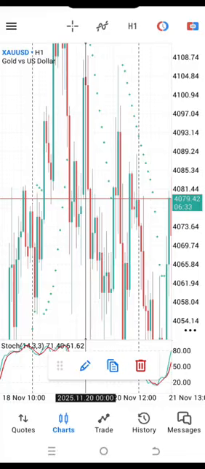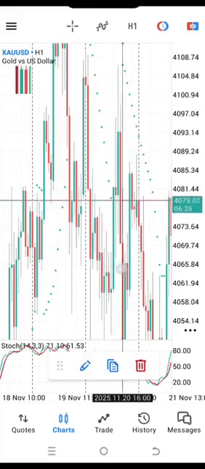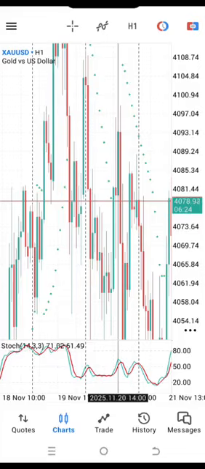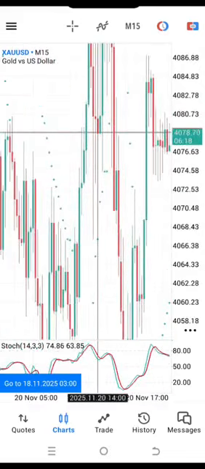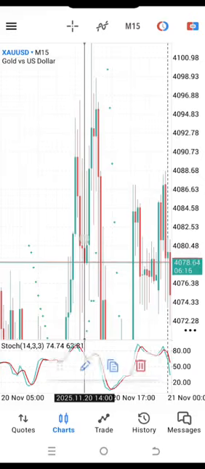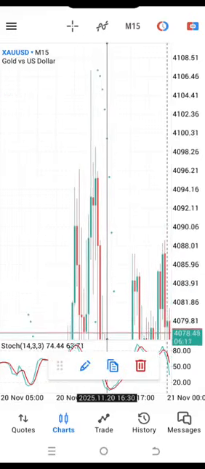When I go to my H1 time frame, I'm going to wait for the stochastic oscillator to move above level 50 and try to show an intersection. Then I go to the M15 chart and just wait for the start of the parabolic SAR.